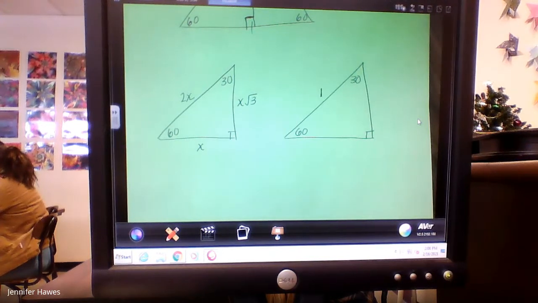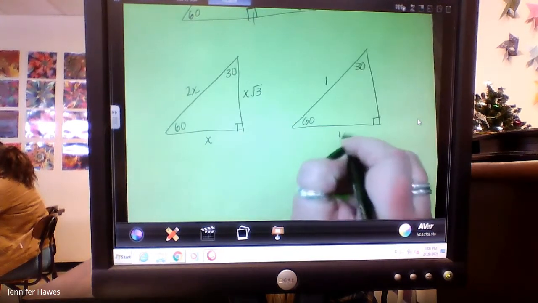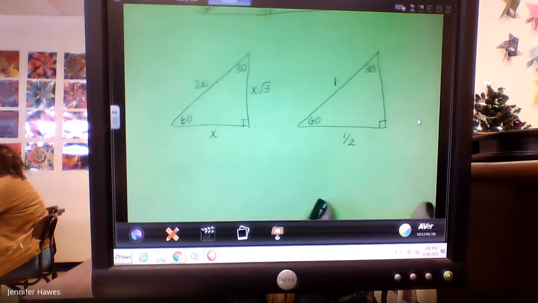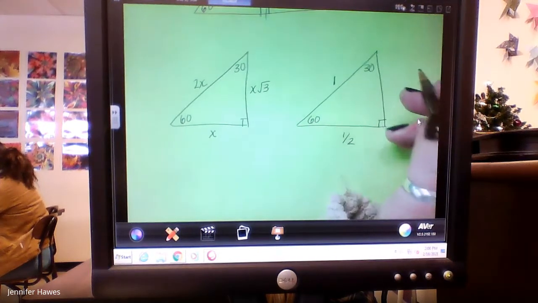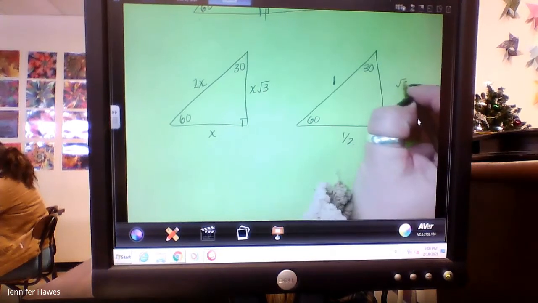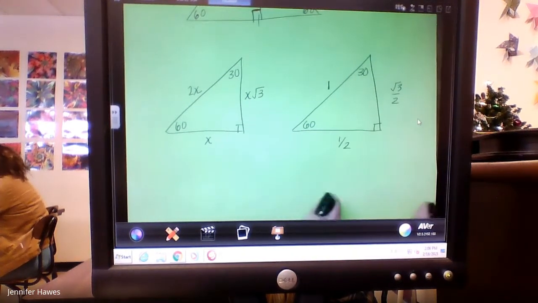It's going to be half as much, which would be 1/2. Okay. Now, what would my longer side be? 1/2 times the square root of 3. So if I take 1/2 times the square root of 3, I just get square root of 3 over 2.